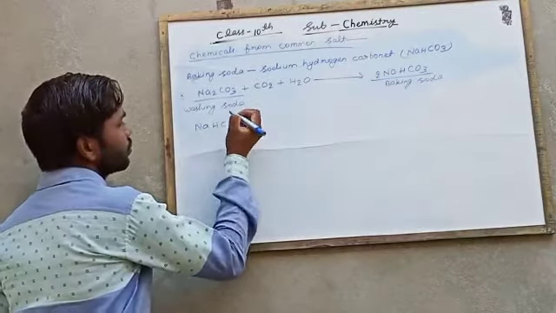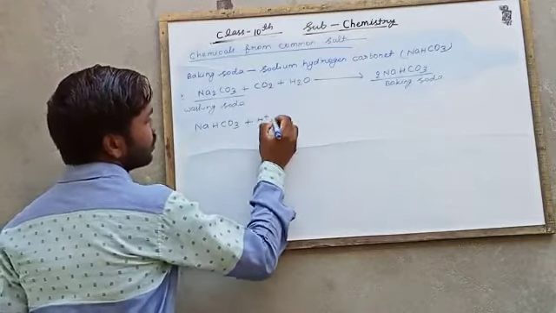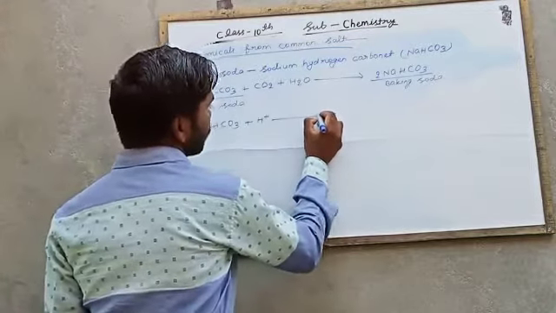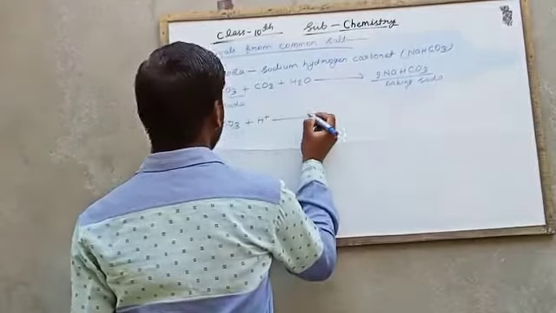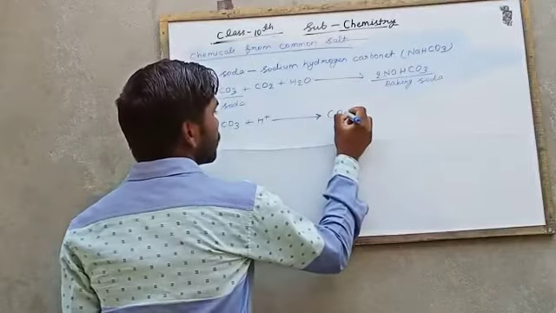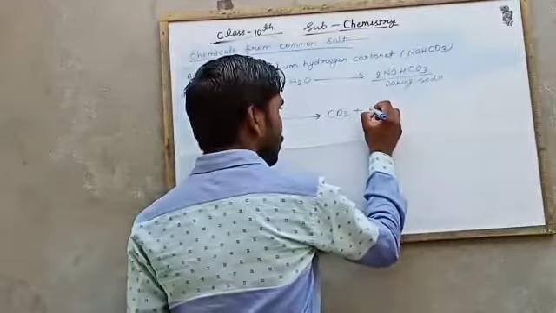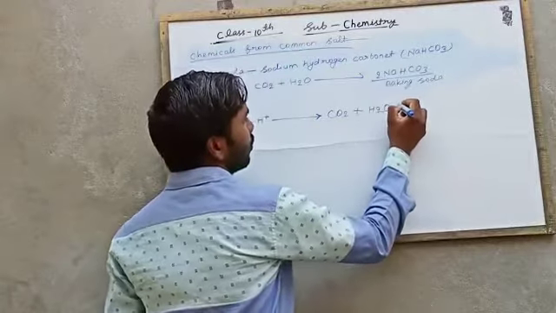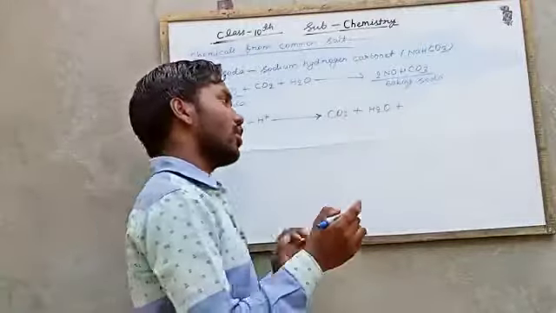Chemical reaction: NaHCO3 plus hydrogen ion from the acid gives CO2 plus H2O plus sodium salt of the acid.